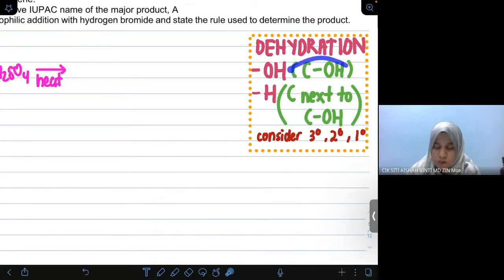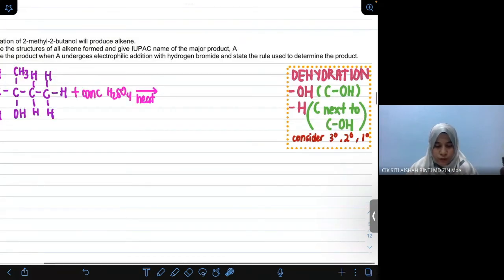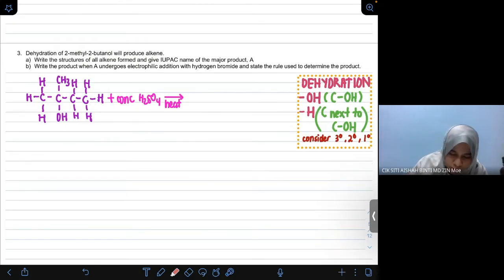Next, we have to remove a hydrogen. When we remove the hydrogen, we have to consider the carbon that is next to the carbon containing our OH group. Again, when you consider the carbon next to it, you have to consider the classification: is it primary, secondary, or tertiary? For this question, because it mentioned here write the structures of all alkene forms, we have to write down the major as well as the minor product.